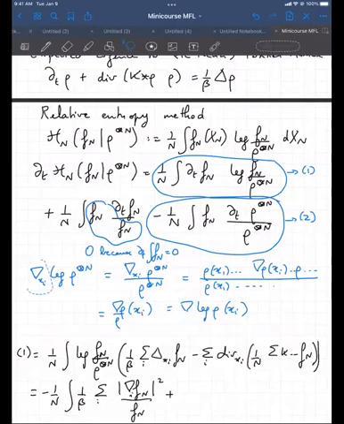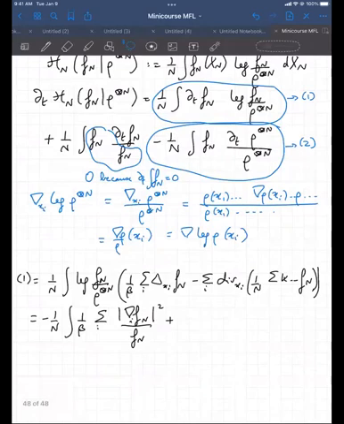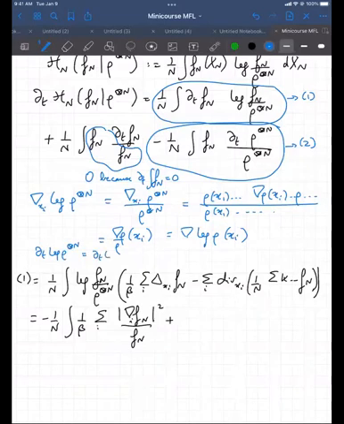So this is the gradient in R^dn. This is the gradient with respect to just one variable in R^d. And in the same way, if you have dt log rho tensor n times, you will find just dt log rho of xi.